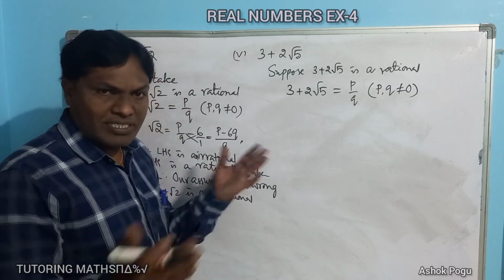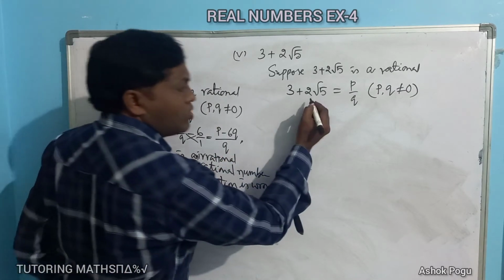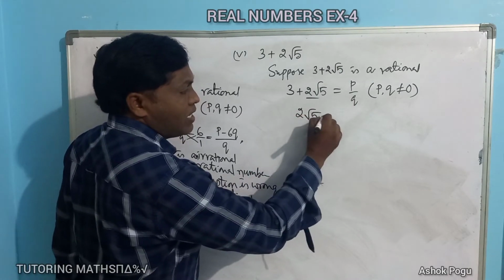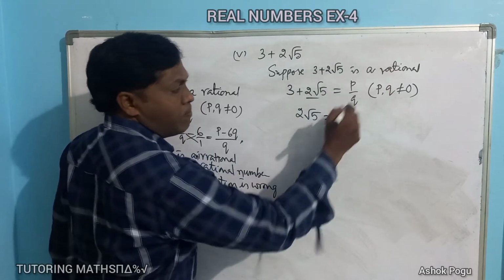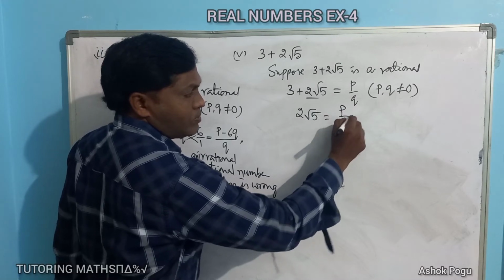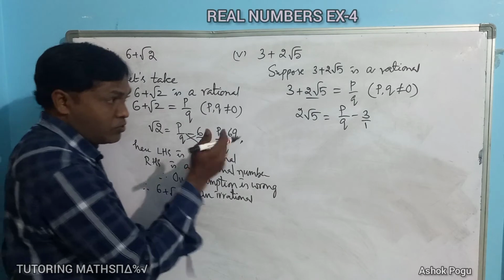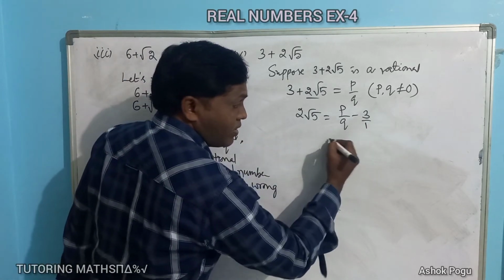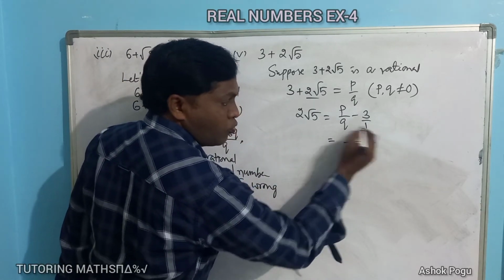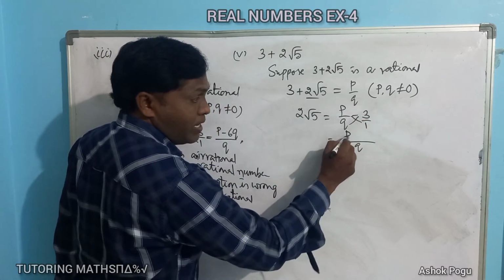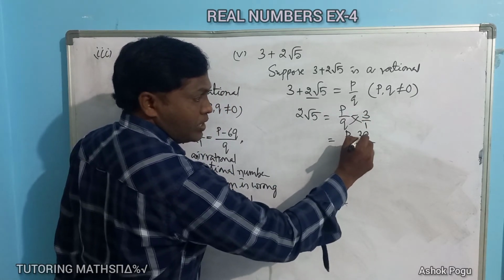Just like the previous question, you keep 2 root 5 aside and shift the rational number to the right side. Once again we do the same process. Find the LCM. Here the LCM is q. By cross multiplication, p into 1 is p, minus 3 into q, 3q.